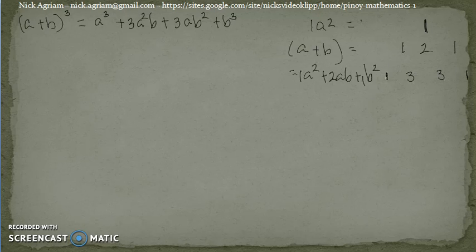This one is always 1 here, and then we add 1 plus 1 and have the 2 here, and then the 1 there. Here we add and have 3, we add that, we have 3. And then 1 again. It always ends like that.